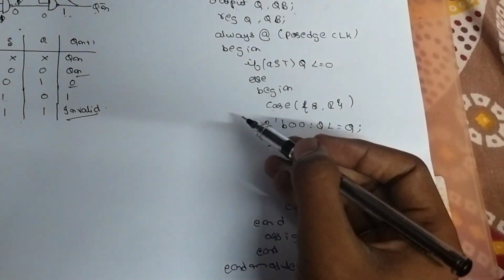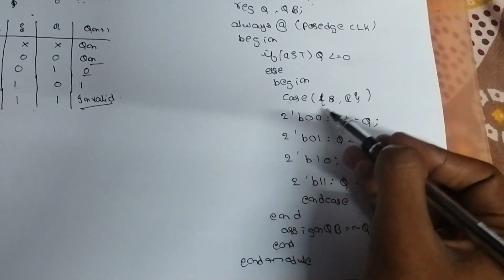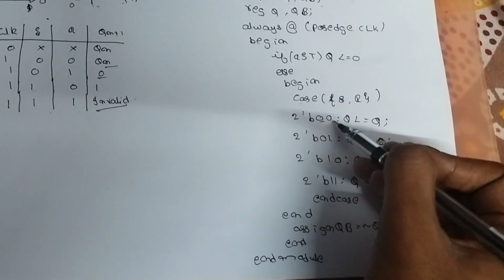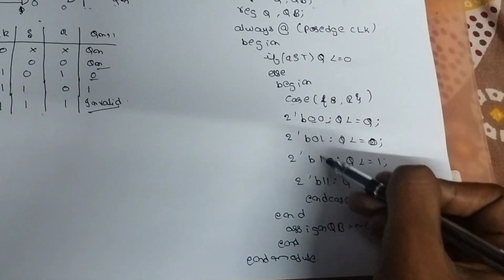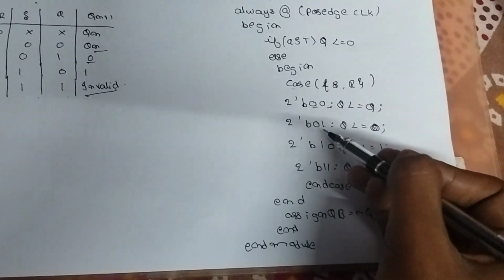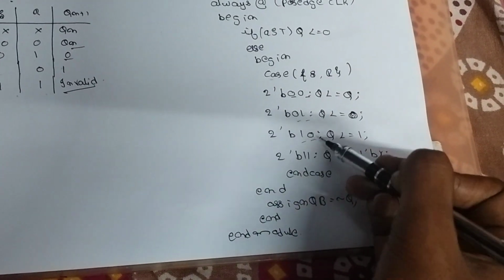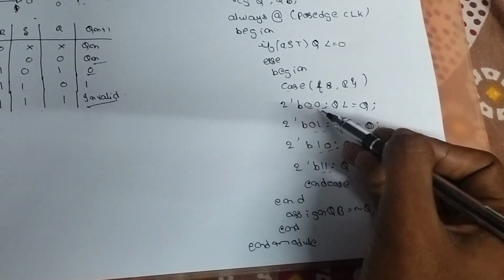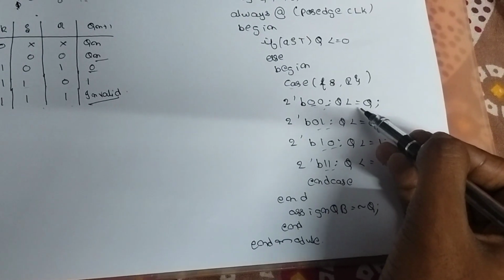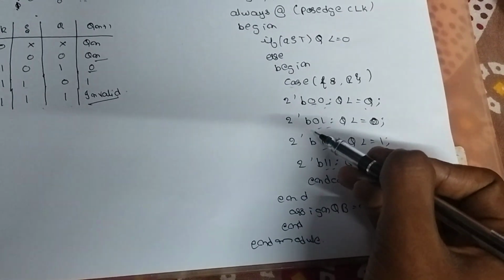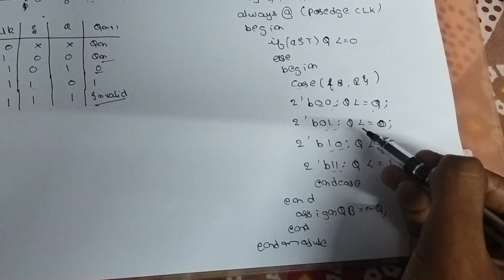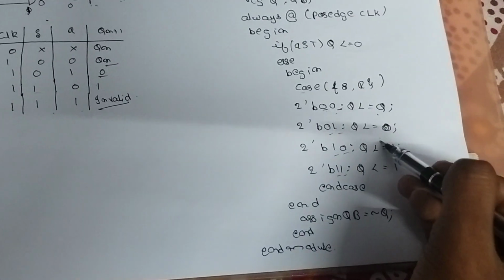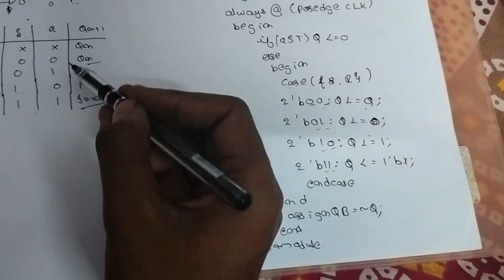So next step here we can consider that this is S and this is R. By the same way, all the steps will conclude. This is S, this is R, this is S, this is R. If S and R are 0, then Q value will be Q. If S value is 0 and R value is 1, then Q value will be 0. This is written according to the truth table we have written first.